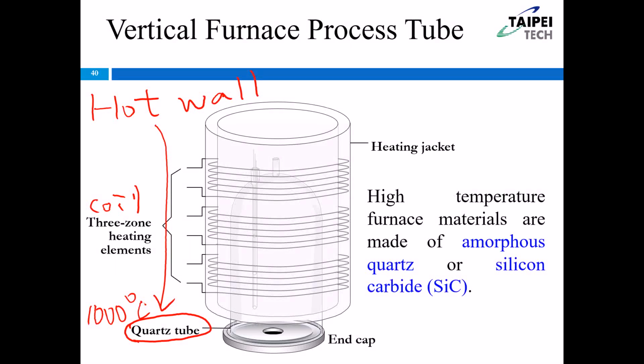And usually for this tube, we can use quartz or silicon carbide. Silicon carbide can also sustain the high temperature, so we can use quartz or silicon carbide, okay? So later I will show you the RTP system. It's not a hot wall, it's the cold wall system, okay? So right now you just memorize that the vertical furnace and horizontal furnace are the hot wall system, okay?